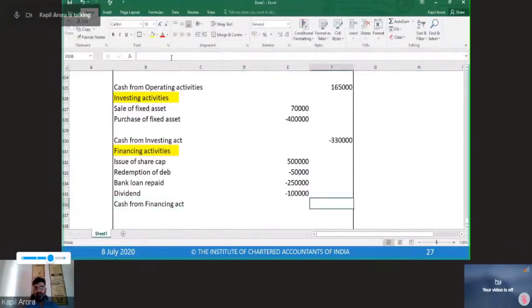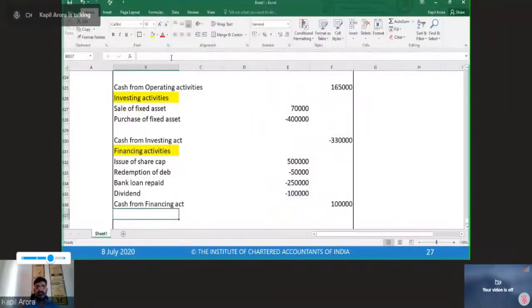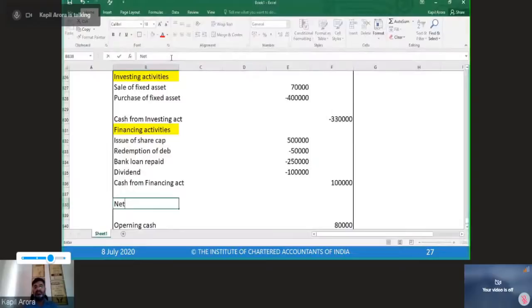So we have got all three. We take net cash flows for the year. So net cash flows would be this plus this plus this. My net cash flows is coming as minus 65,000.